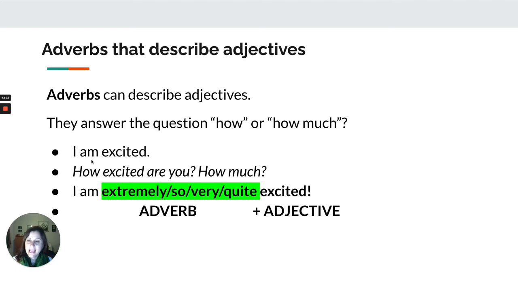I can say, I am excited. Excited is an adjective describing how I feel. How excited are you? How much? I'm extremely, so, very, quite excited. These are all adverbs to describe how much you're excited. So the adverb would go before the adjective when you're using it this way.